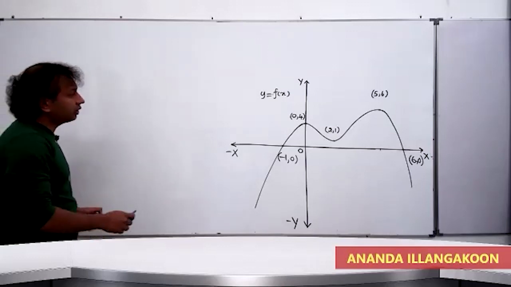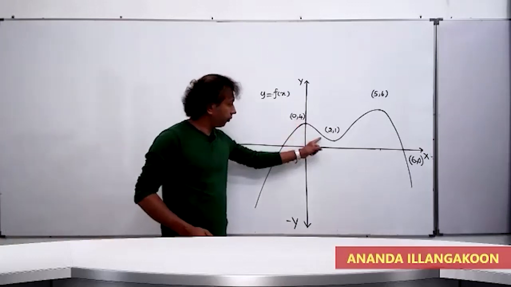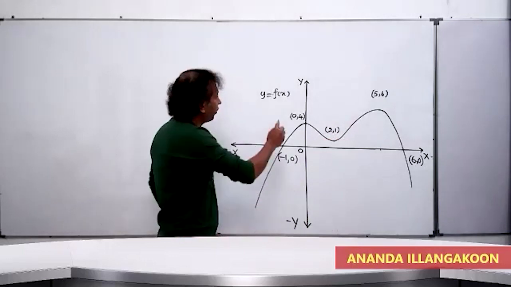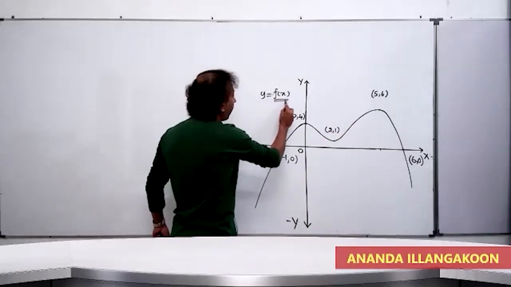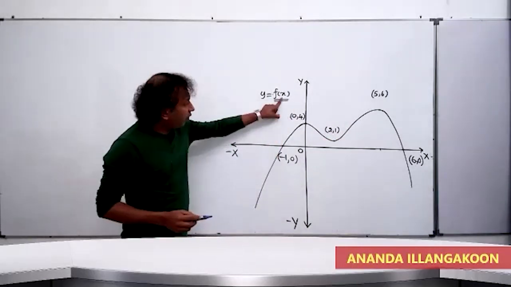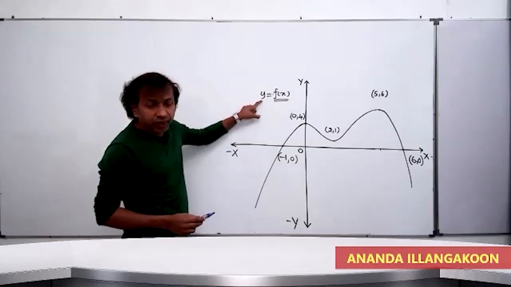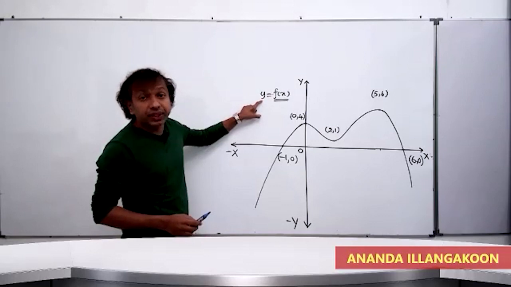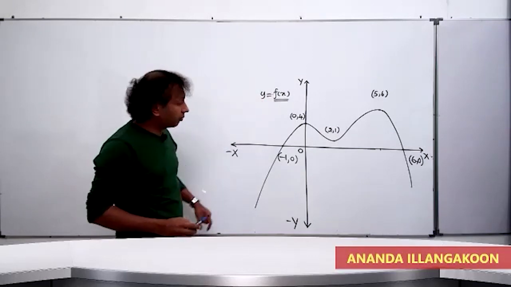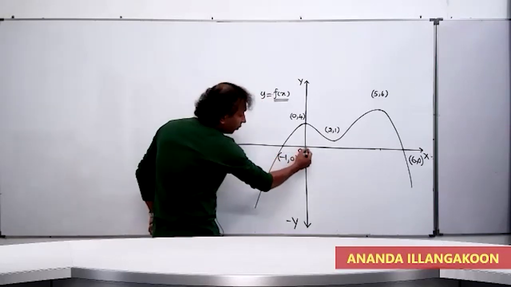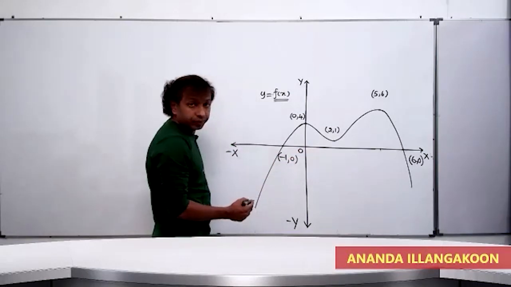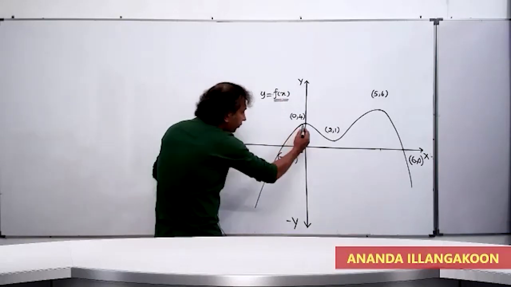Right. Now, this is the f(x) graph. Here, f(x). People, f(x) means y. What is y here? Y means the y coordinate of this graph. For example, when x equals 0, f(x) means this height.